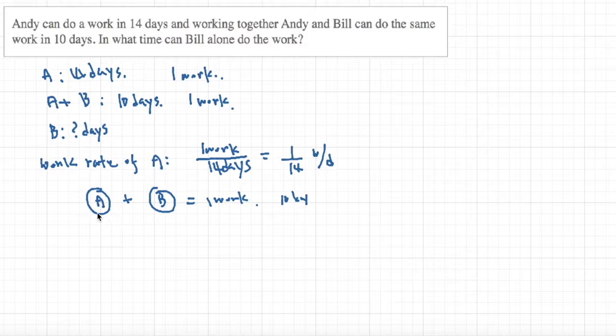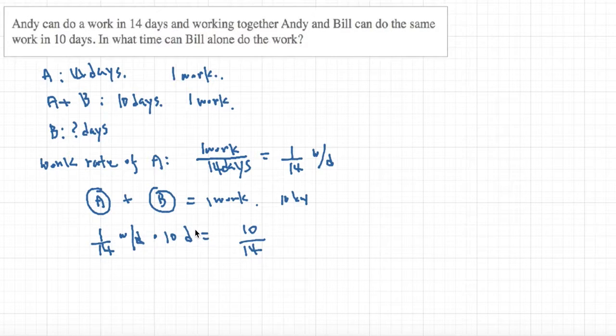Since we know the work rate of A, which is 1 over 14, and it takes 10 days, we know the work amount of A: work rate times the time, 10 days, which is 10 over 14.